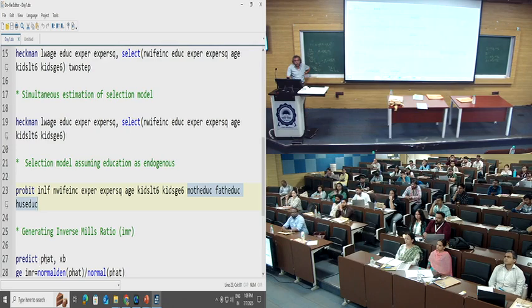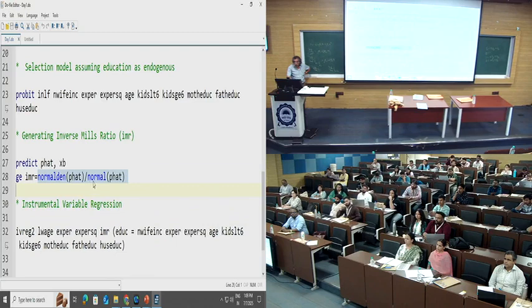I get the estimated value, which is my p hat. I calculate the inverse Mills ratio, normal density divided by normal cumulative density. I then do an instrumental variable regression, where education is instrumented by these variables. And then I have the standard equation of log wage, experience, experience square, and the IMR, which is my inverse Mills ratio. Education is my endogenous variable and is instrumented by all these.